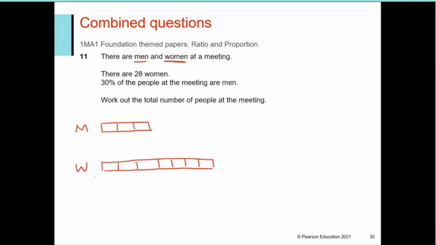And then we know that this here represents 28. So my calculation is 28 divided by 7, which is 4. So therefore, I can now work out the question, what's the total number of people at the meeting. So every box is worth 4, and I have 10 boxes. So there were 40 people at that meeting.